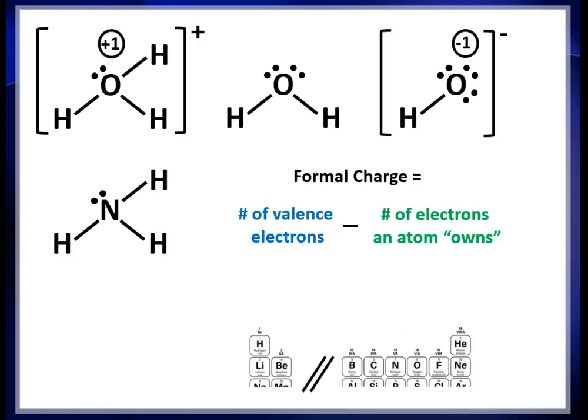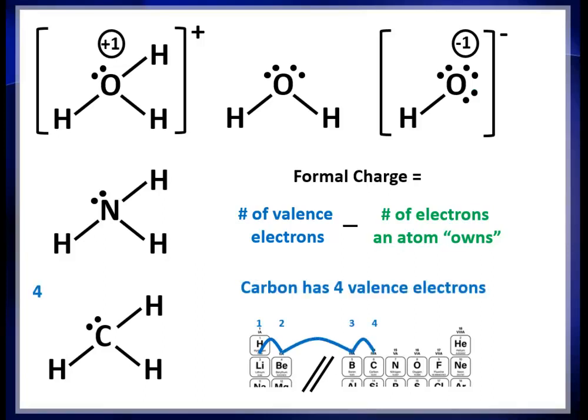To drive home this point, let's look at another structure bonded in the exact same way, but with carbon as the central atom. According to its position in the periodic table, carbon has 4 valence electrons in its isolated neutral form. How many electrons does it own in this structure?